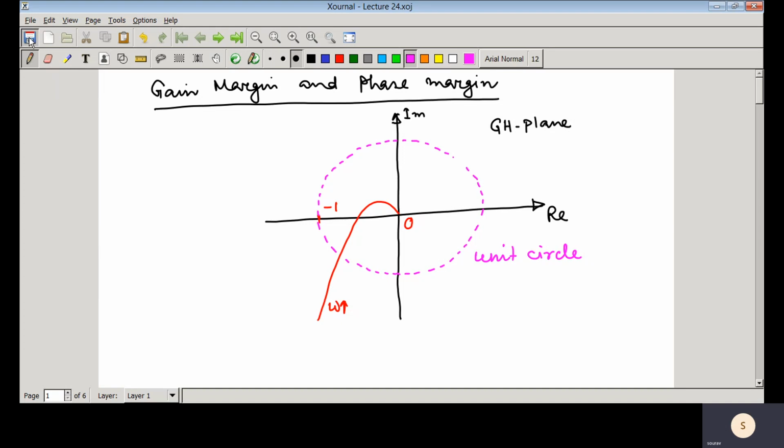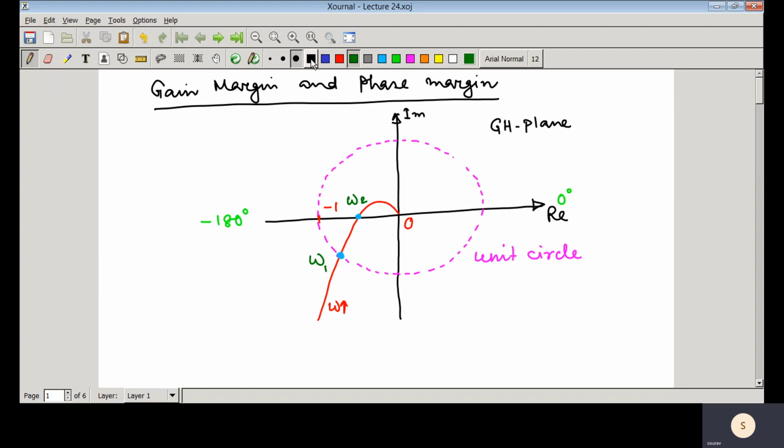Then we can see here that this is a point and this is another point, and we know that this particular axis is the -180 degree axis and this is the 0 degree axis. This is one frequency, suppose this is omega 1, and this is omega 2. At omega 1, this Nyquist plot cuts the unit circle.